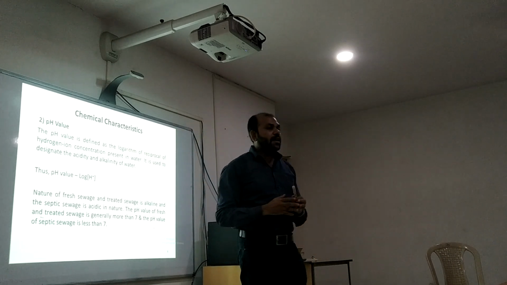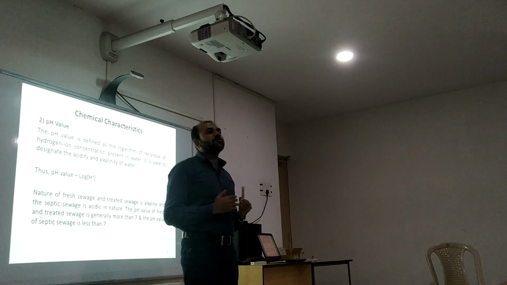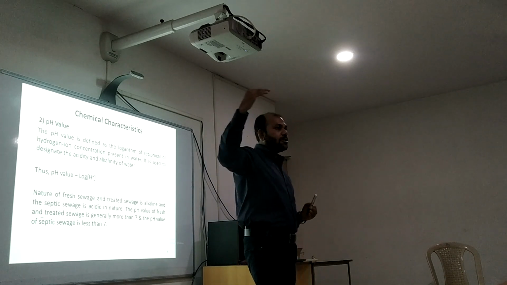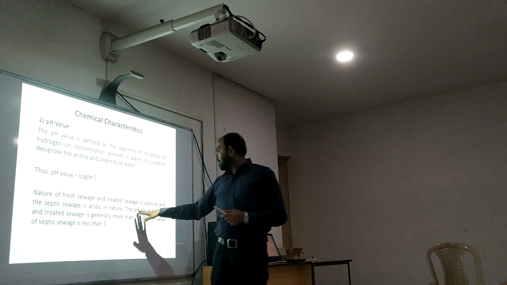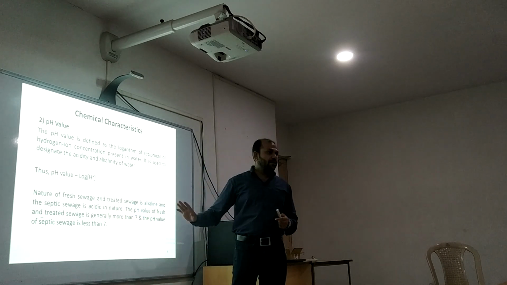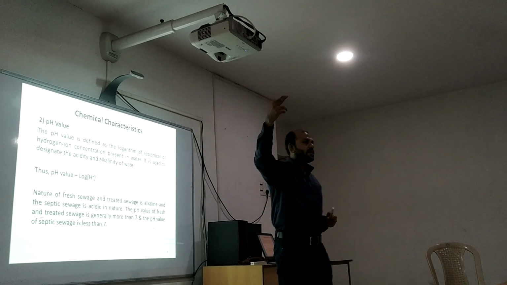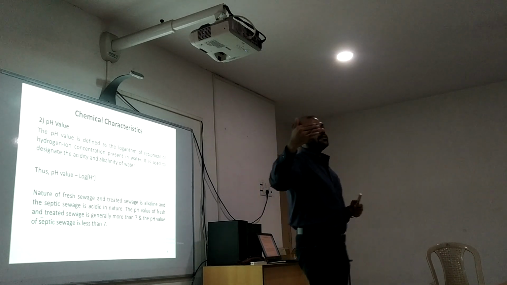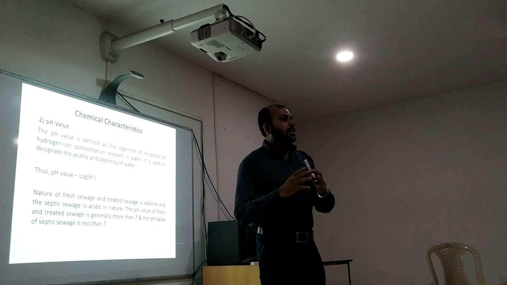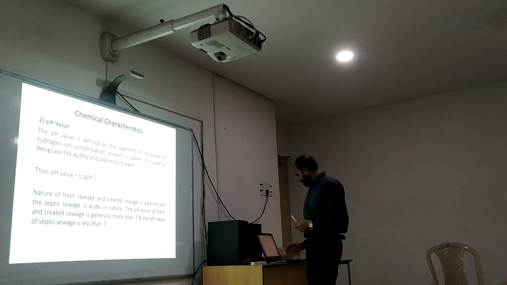After 3 to 4 hours, when the sewage starts decomposing, it becomes acidic and the pH falls below 7. The pH value is more than 7 in case of fresh sewage, and less than 7 in case of septic or stale sewage, because it has started decomposing, developed septic condition, and become acidic.